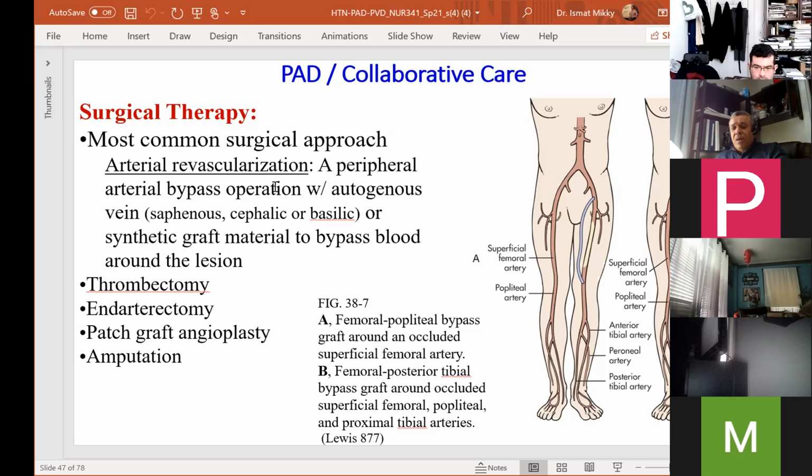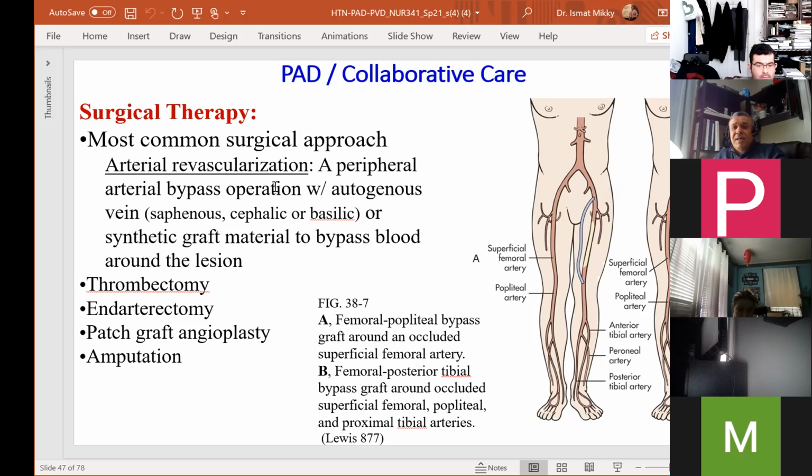Other procedures or modalities are also available, like thrombectomy, endarterectomy, and amputation, which is the last resort. In endarterectomy, they open the artery and remove the plaque.